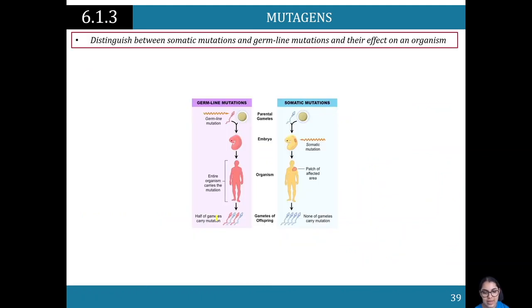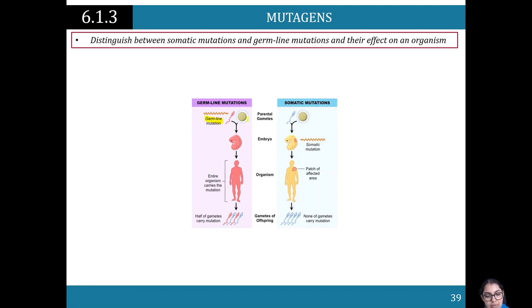Okay, awesome. And now let us talk about somatic versus germline mutations. You would already be familiar with this specific concept from module 5. So, germline mutations are going to affect the germ cells, the gametes, right?